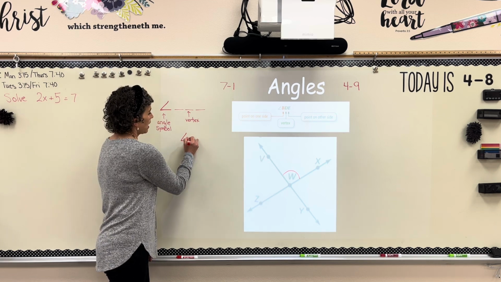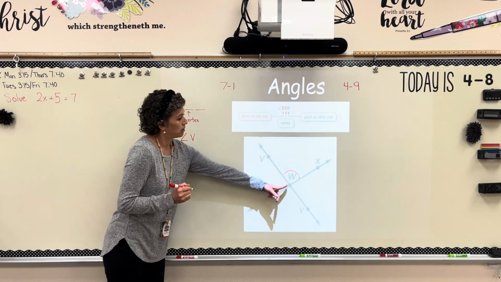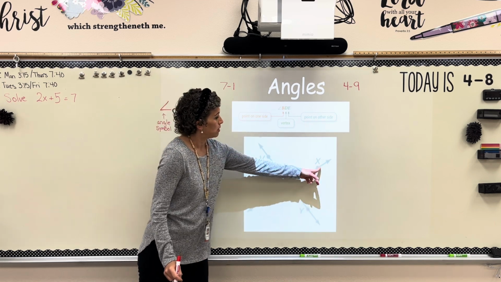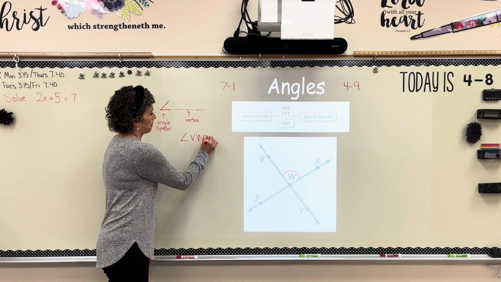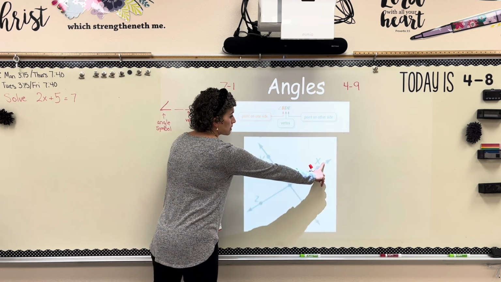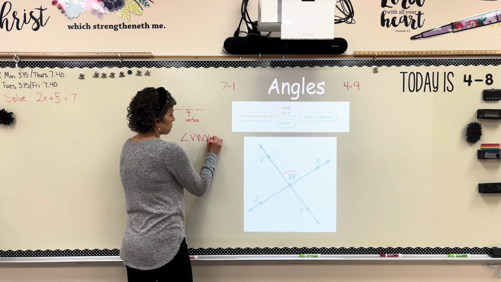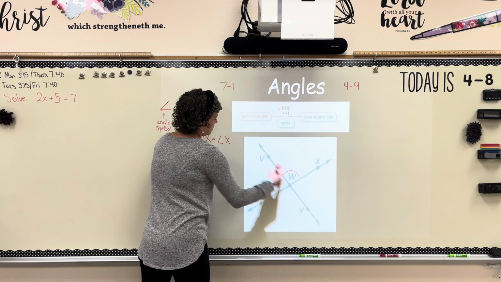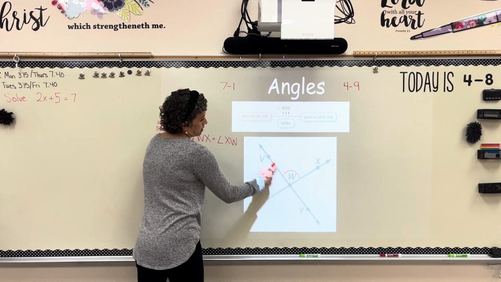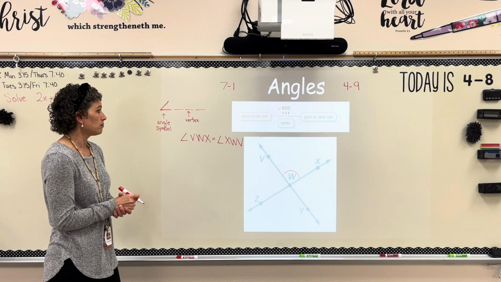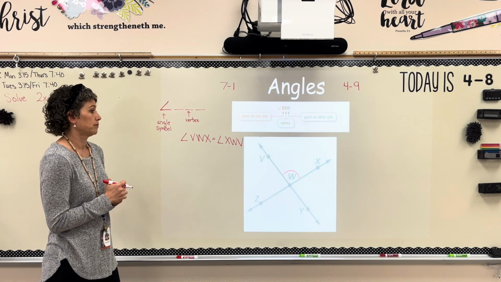So this is angle V, there's my vertex, my point, there's W, and then X. Okay. But I could have also started from this side and named it this way. So this means the same thing as angle X, W, and V. Okay, they mean the same exact thing. It's just we flip the letters around.